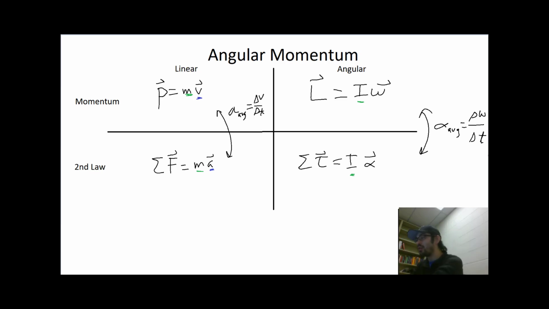But we have another relationship that we can draw here, and that's the relationship between the force and the torque. So in our torque video, we talked about what gives something a torque, right? So we said if we had some lever arm, we have some pivot point, we apply a force, and that torque is going to be equal to the distance from the point of rotation to where the force is applied.